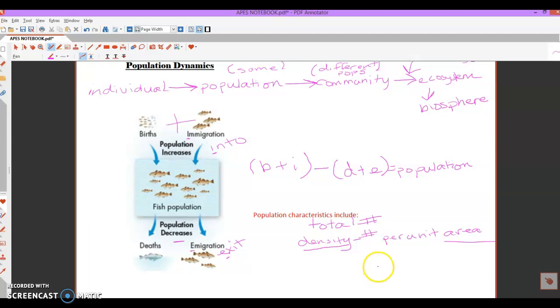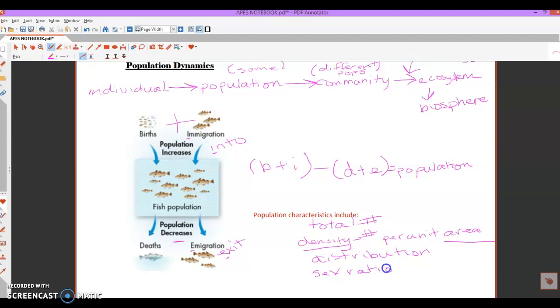All right? The next aspect is distribution. How are they spread out? What pattern do they have if they have one? The next is sex ratio.